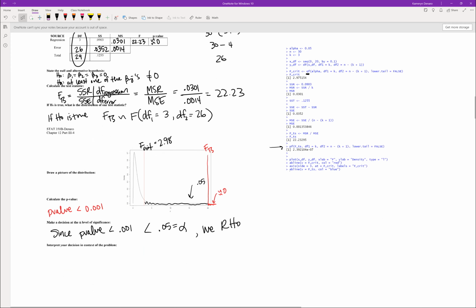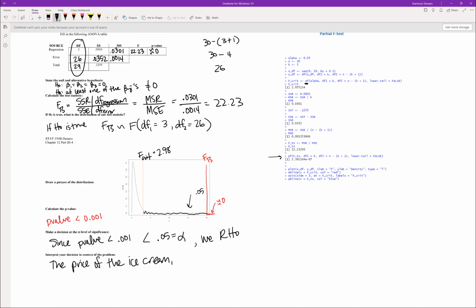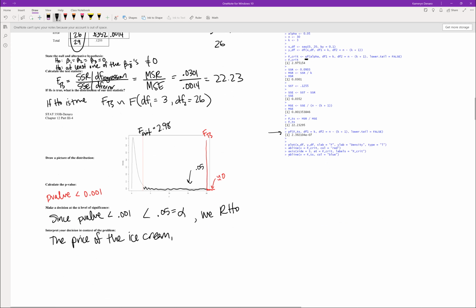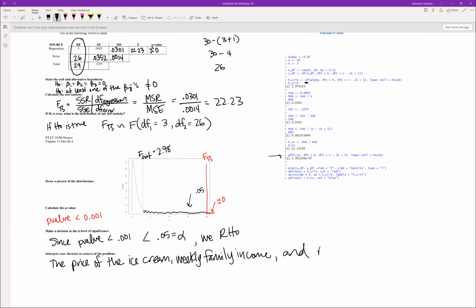So we say the price of the ice cream, weekly family income, and the average temperature, right?